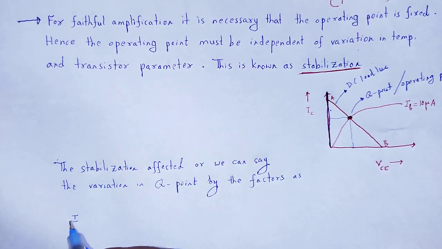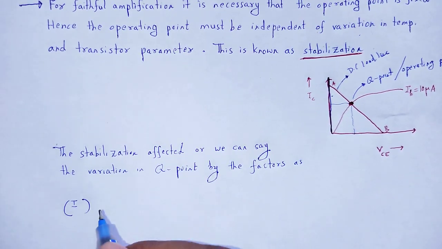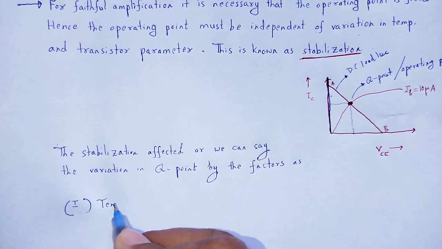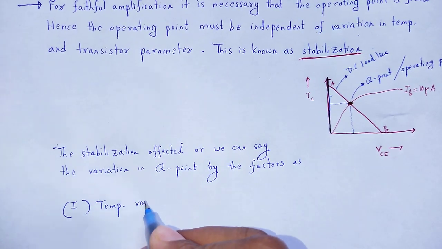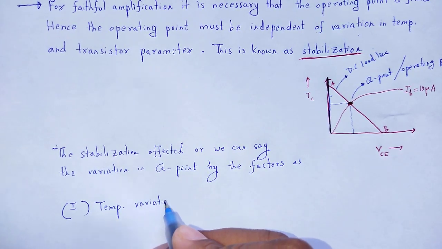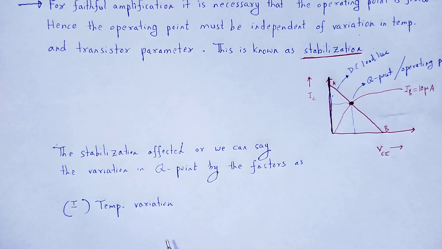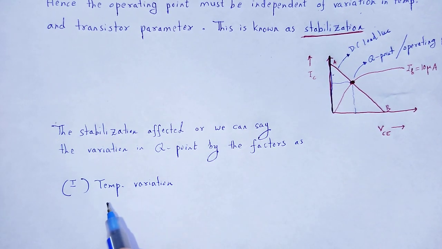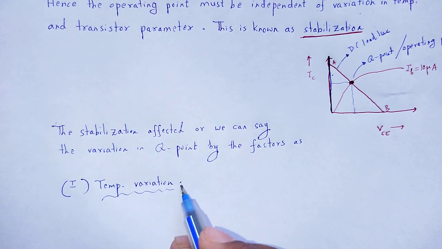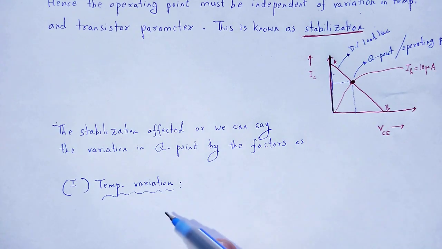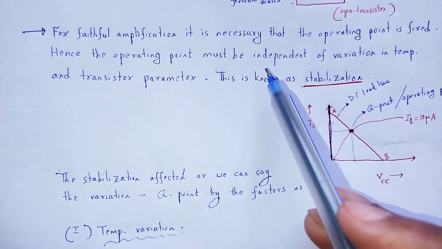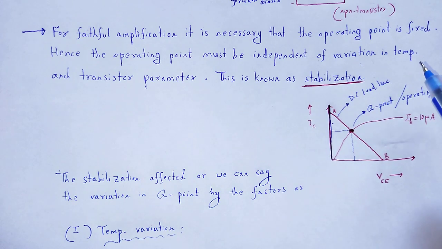Factor number 1 is temperature variation. Let me explain it. What is temperature variation? For that reason, we write that it must be independent of variation in temperature.